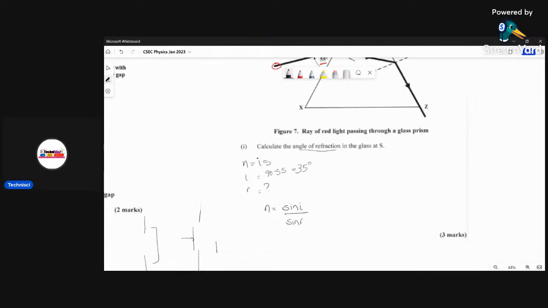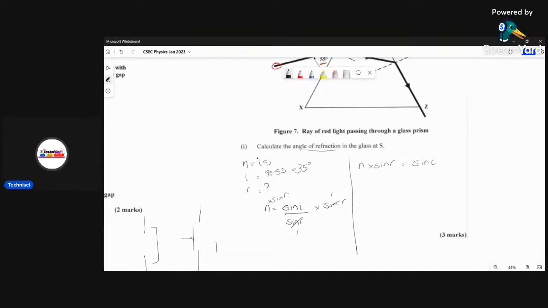So we are going to transpose this equation now to get sine r as the subject. So I'm going to multiply both sides by sine r, being that it is being divided on that side. So that will cancel that. I'm going to draw a line here to go to the next side. So n times sine r is equal to sine i.